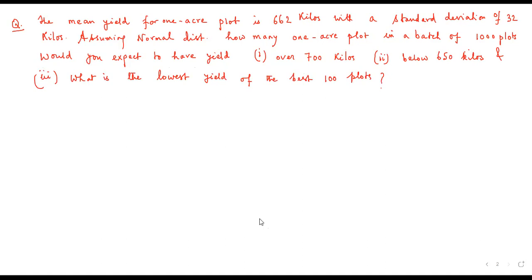The important part of this particular question is the assumption that they are making. They're assuming that if your distribution is behaving normally, then what will be these probabilities? Now, how are these assumptions made? These assumptions are made on the basis of previous, past experiences.